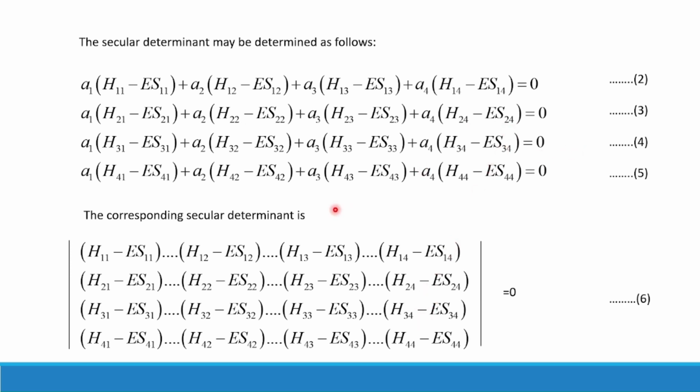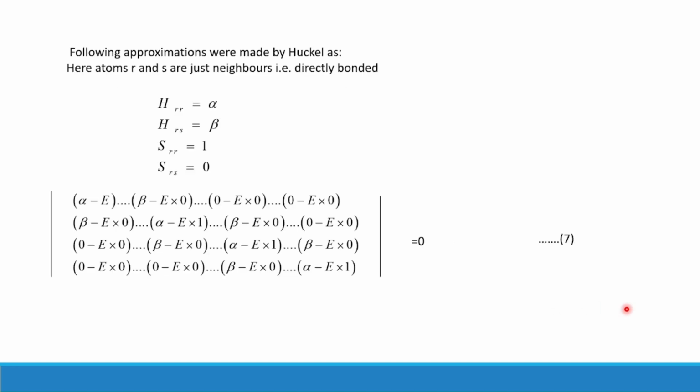From the next, H31 - ES31, H32 - ES32, H33 - ES33, H34 - ES34. And similarly from the last equation, H41 - ES41, H42 - ES42, H43 - ES43, H44 - ES44. Thus the corresponding secular determinant may be written in this way and equated to 0. This is equation number 6.